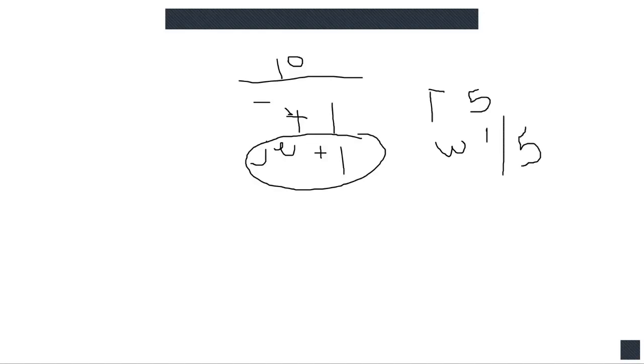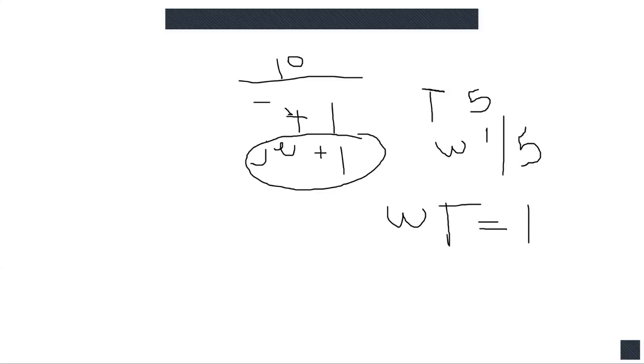When t is 5, omega is going to be 1 by 5. When you multiply these two, you will get 1. So 1 is the threshold value when omega t equals 1. When omega t is less than 1, we saw that it contributes 0 dB. But when omega t is greater than 1, it contributes minus 20 log omega t.